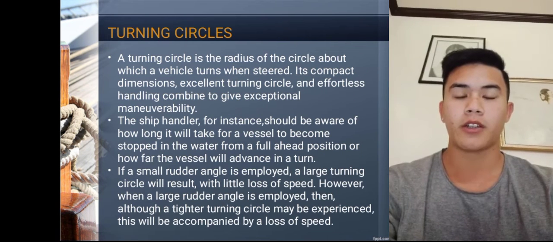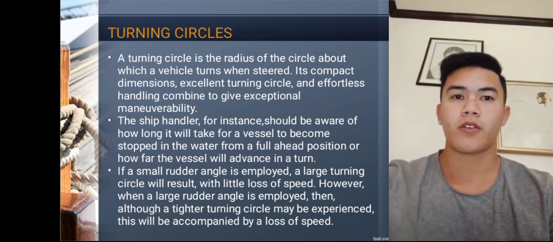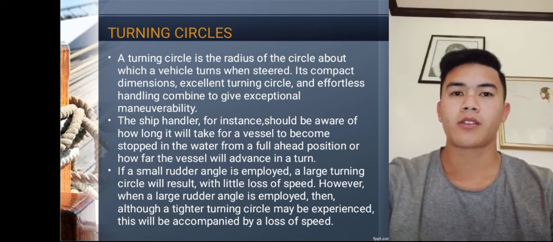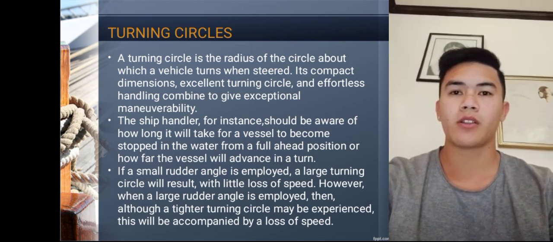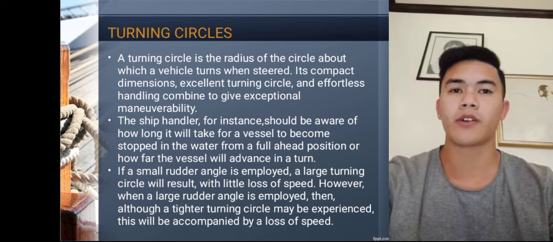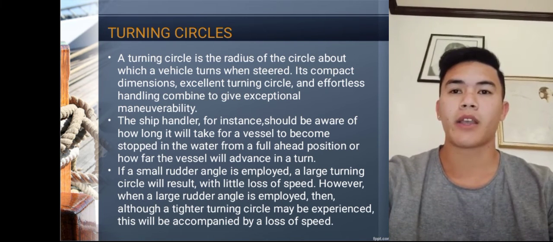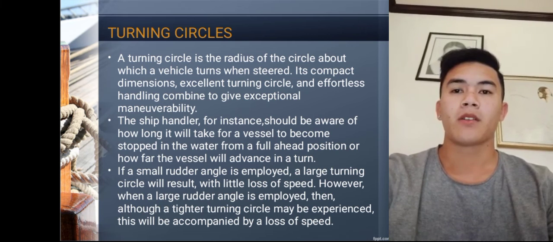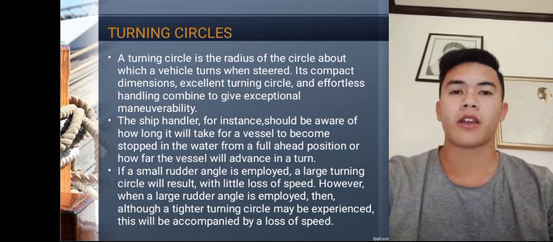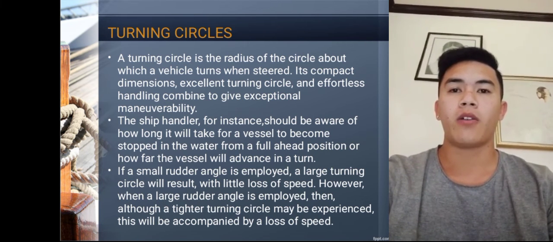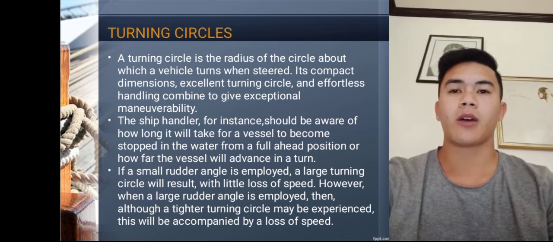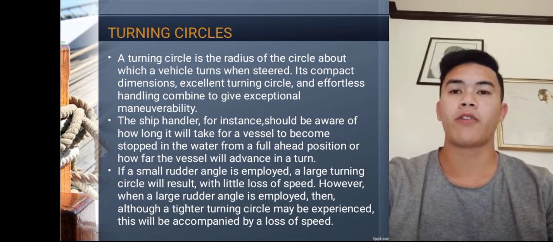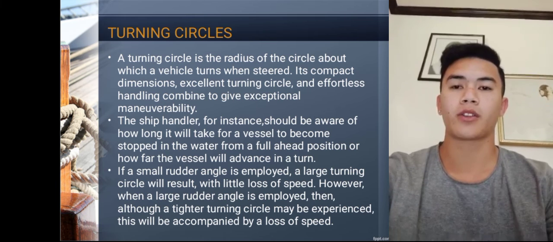Turning circles. A turning circle is the radius of the circle about which a vehicle turns when it is steered. The ship handler, for instance, should be aware of how long it will take for a vessel to become stopped in the water from a full ahead position or how far the vessel will advance in a turn.